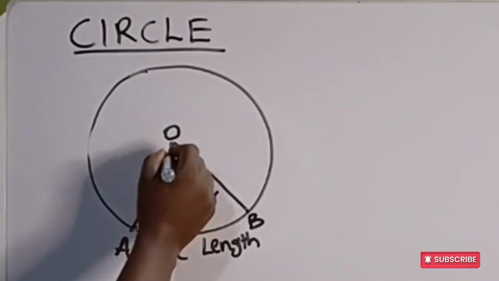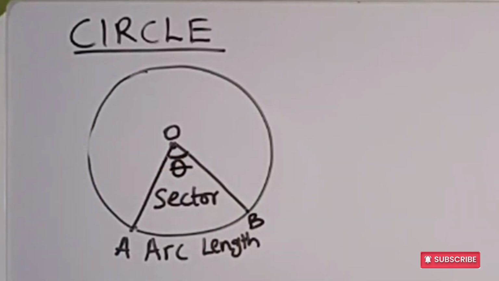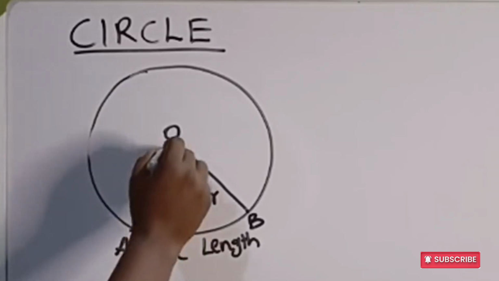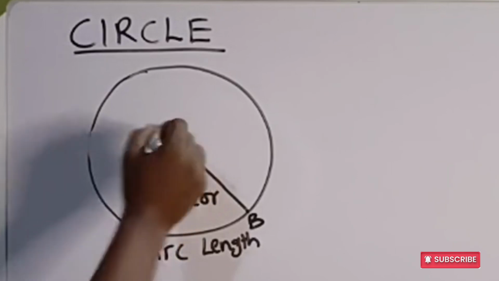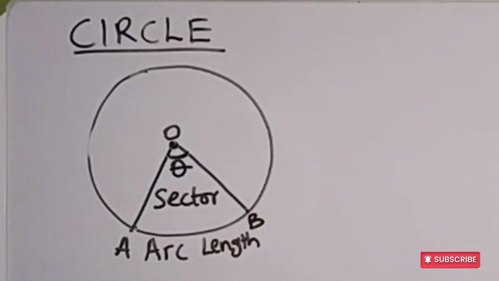Okay, so here there's an angle here, we call it theta. So if you've learned about circle and angle around a point, the entire angle here is equal to 360 degrees. So this is just a portion of 360 degrees.